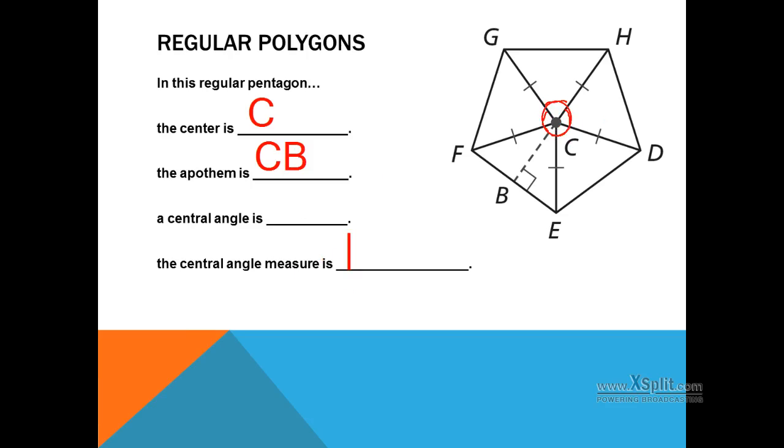So the central angle measure is going to be 360 divided by 5, because it's being cut into 5 pieces. 360 divided by 5 gives us 72. That means each of those central angles is 72 degrees. I could name it anything, like GCH, angle GCH would be a central angle. There are 5 central angles. E to C to D would be another example.